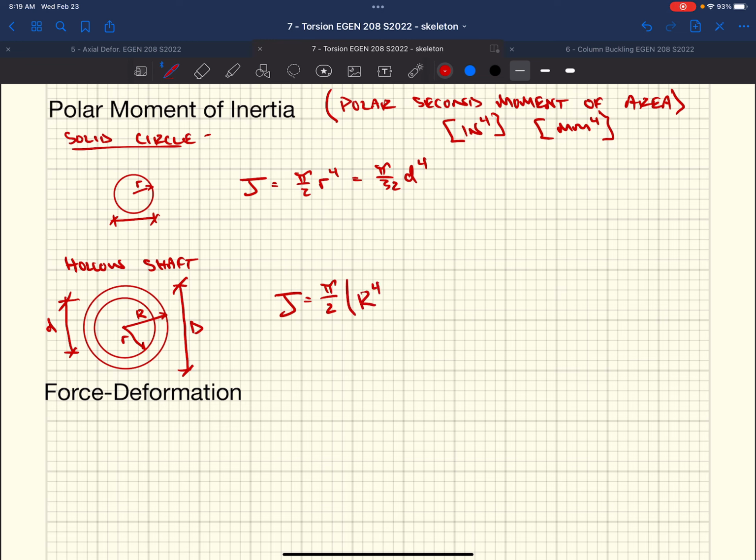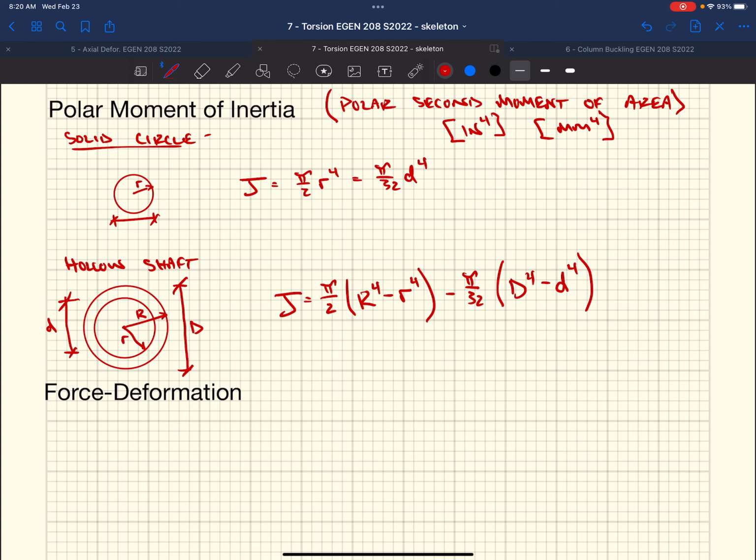They say that the polar moment of inertia with respect to the radii of our hollow shaft is pi over 2 times big R, the outside radius, to the 4th minus small r, the inside radius, to the 4th. Or pi over 32 times D to the 4th minus d to the 4th. Remember your order of operations: you take the radii or the diameters to the 4th power first, right?